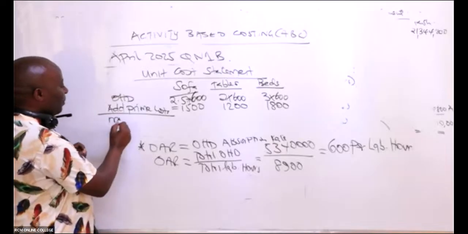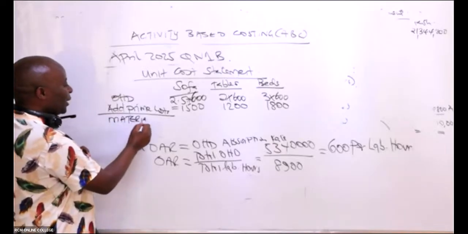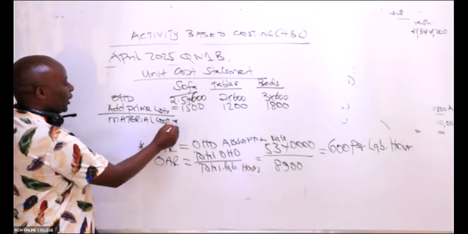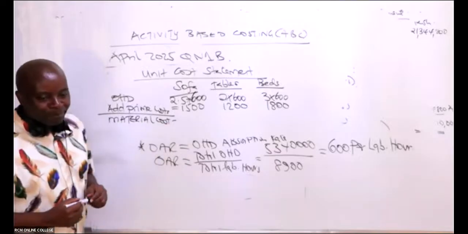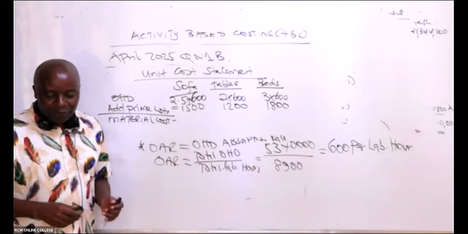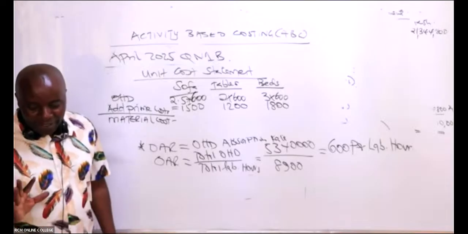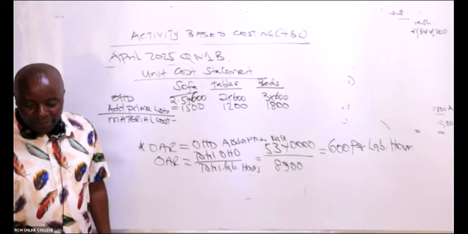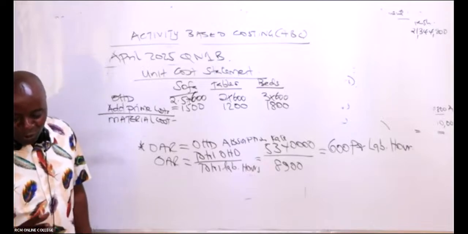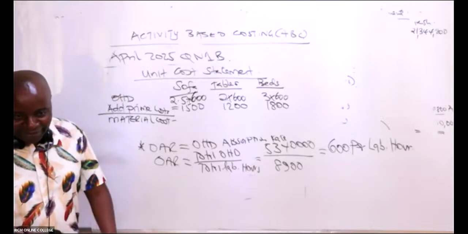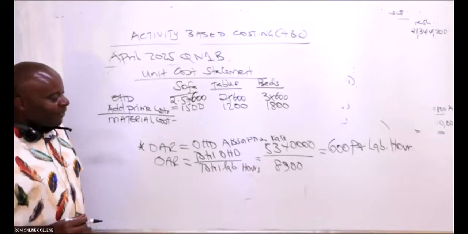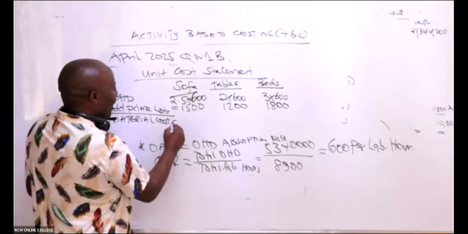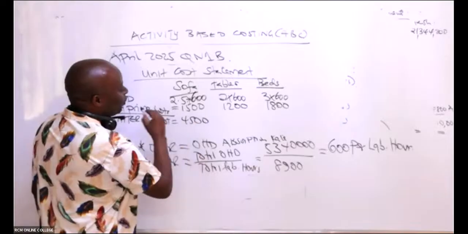So are you able to see the material cost per unit? Material cost, please give me the figures. According to Jennifer, material cost per unit for sofa, it's 4,500. Right? So the leathers, etc. Here we need 4,500 in terms of materials.